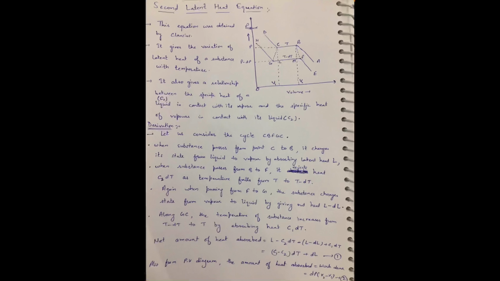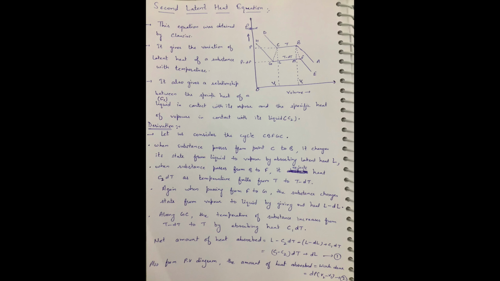And when the substance passes from point G to C adiabatically again, then the state of the substance doesn't change, but the temperature of the substance increases by an amount dT. So along GC the substance absorbs an amount of heat equal to C1 dT, where C1 is the specific heat of the substance in its liquid state when it is in contact with vapors.